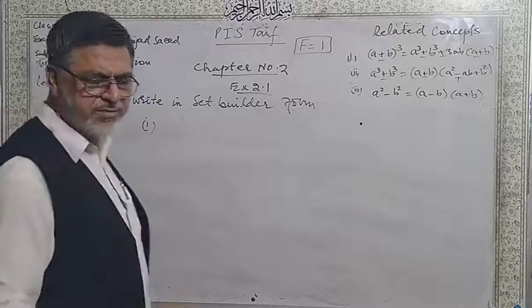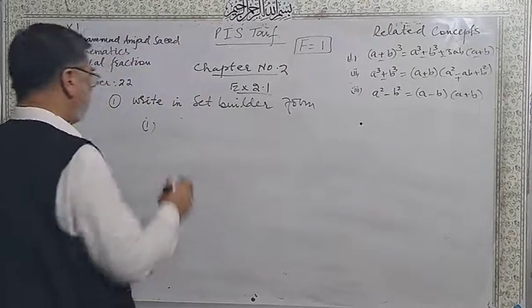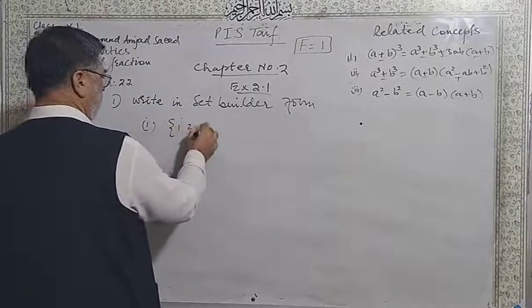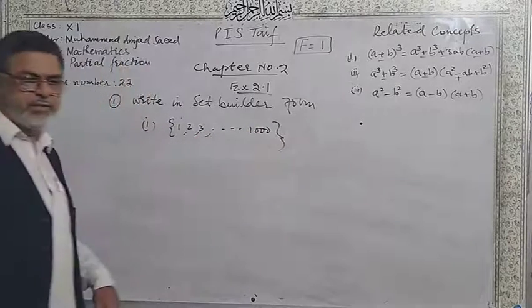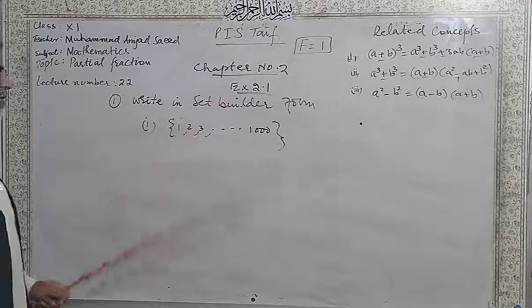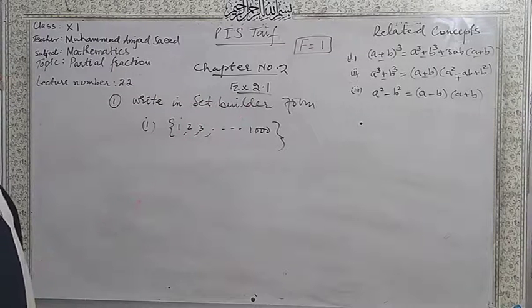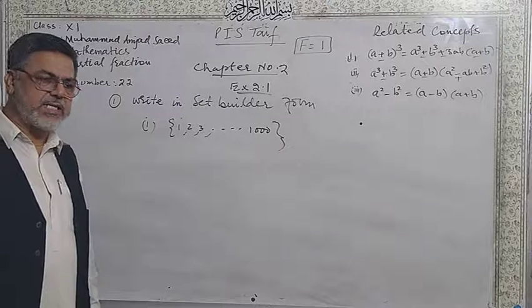First part is 1, 2, 3 and so on. Dear students, first of all, you must know about the type of the sets, their names, and from where these sets start.